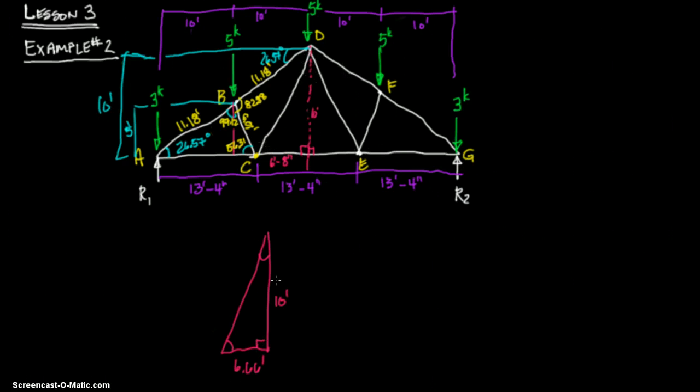Alright, so let's do tangent of theta. This is going to be theta 1 equals opposite over adjacent, which is going to be 6.66 over 10. Inverse tangent of that is 33.69 degrees.